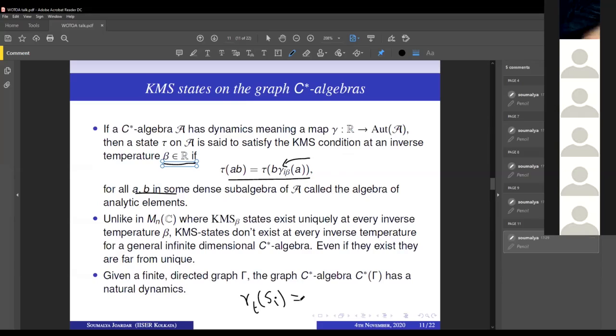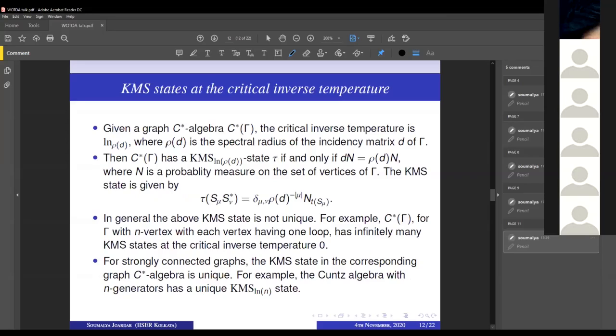This is defined by e to the power i t times S_k, where i is the complex number. This is the natural dynamics, and one can check that it lifts to a dynamics on C*(Gamma) for any graph Gamma. Corresponding to this dynamics, one can of course talk about KMS states.